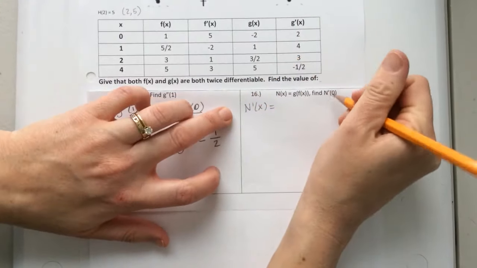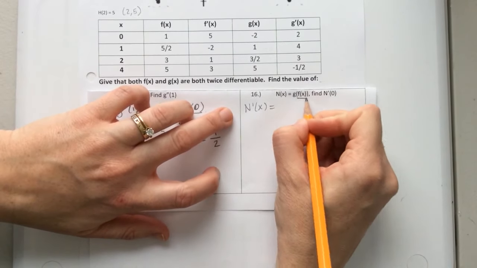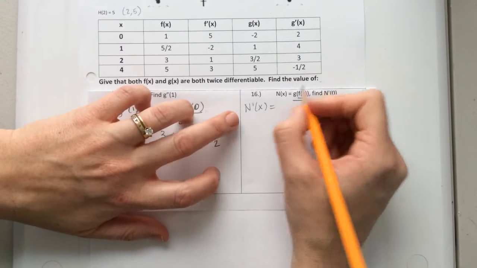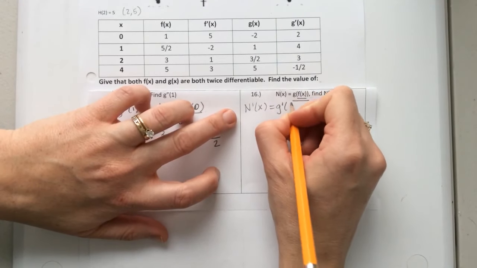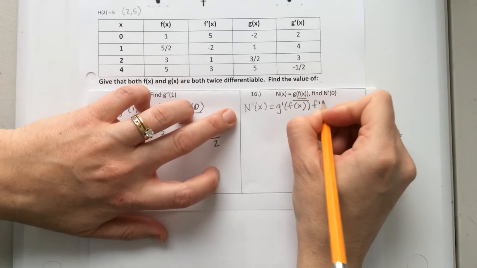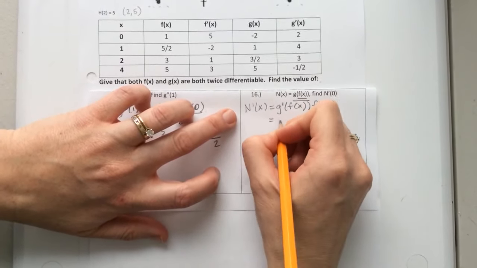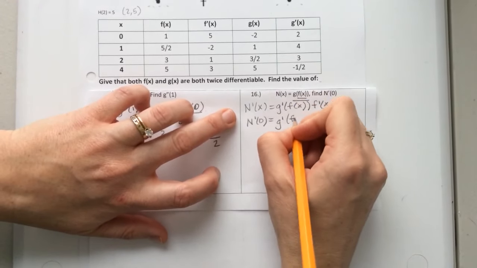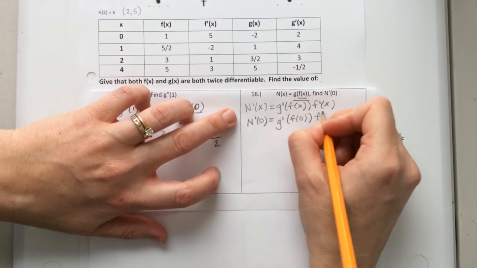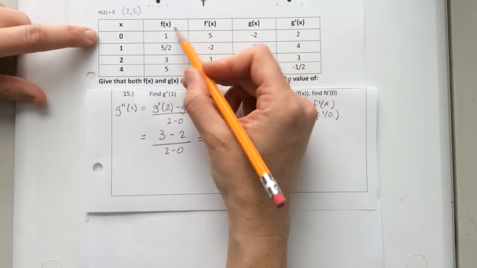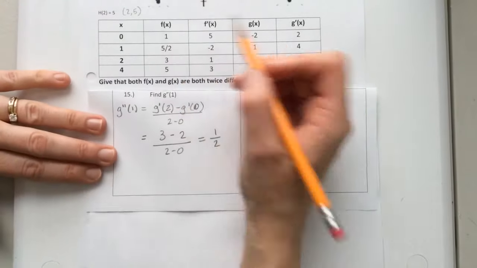And finally, we need to find n prime of 0. First, we need n prime. If you notice, this needs the chain rule because f of x is plugged into g of x. So g prime of f of x times the derivative of the inside, f prime of x. So we need g prime of f of 0 times f prime of 0. F of 0 is 1.